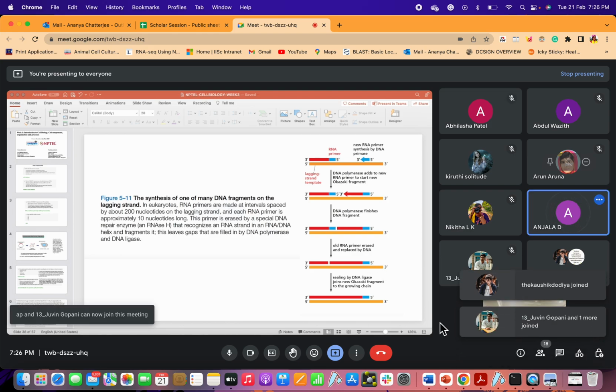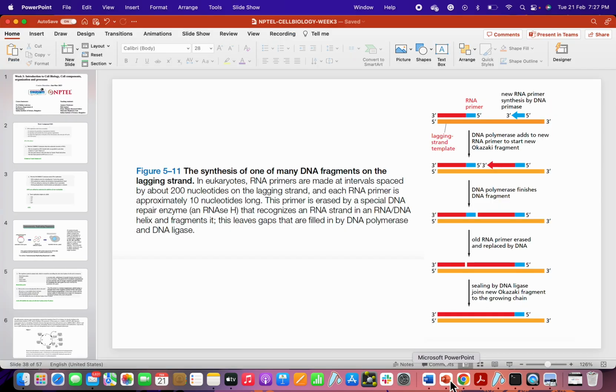Ma'am? Yes, tell me. And endonuclease also, ma'am. What happens? Exonuclease and endonuclease are also involved in replication, to cut if some wrong nucleotides are added.